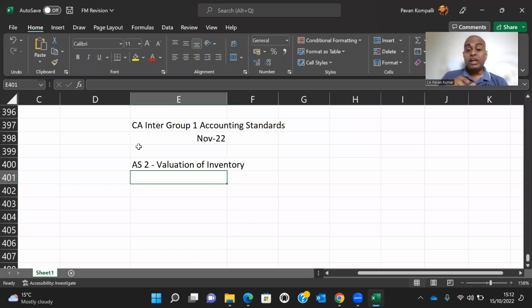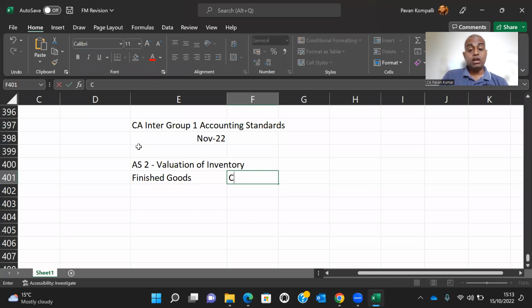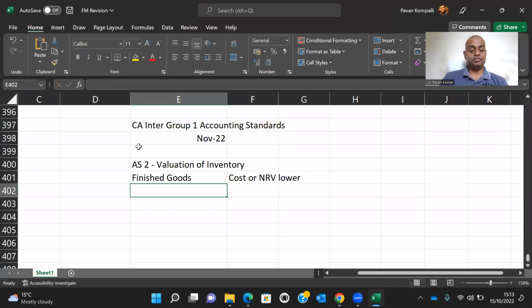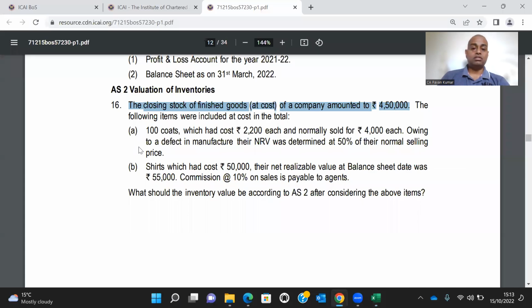We'll revise the principles also. So can I say here, finished goods, what is the valuation principle? Cost or NRV, whichever is higher, right? Higher or lower? Lower. Whichever is lower. Very good. Aishwarya, continue, please.